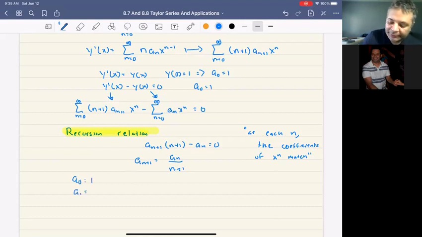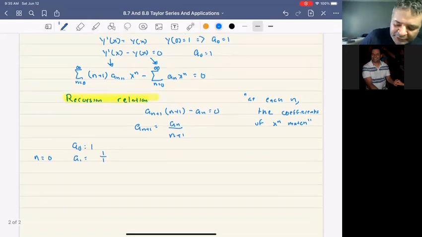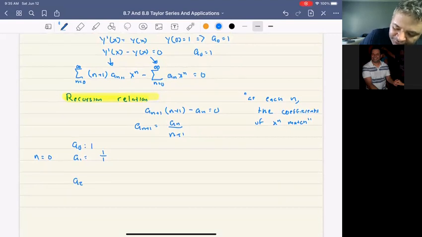A sub 1, then that's going to be 1 over 1. Right? So this is n equals 0. So a sub 0 is 1. N plus 1 is 1. So far, uninteresting.